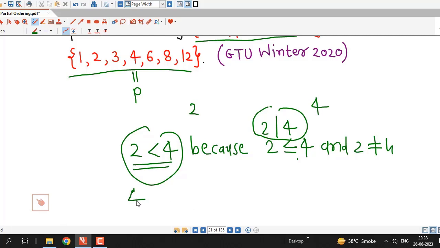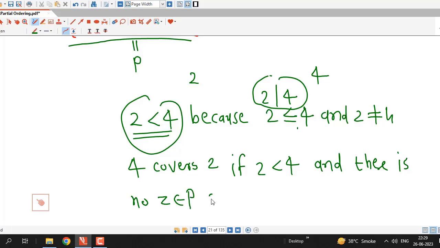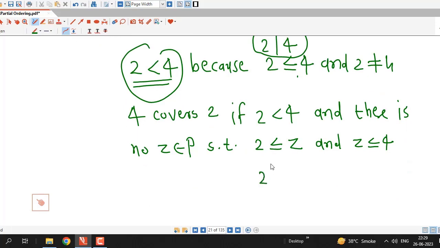Now we are interested in whether 4 covers 2 or not. 4 covers 2 if 2 is less than 4 and there is no element z in the given set P such that 2 is related to z and z is related to 4. Since our relation is divisibility, I replace this by 2 divides z and z divides 4.